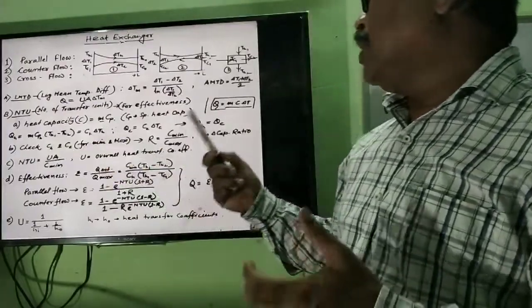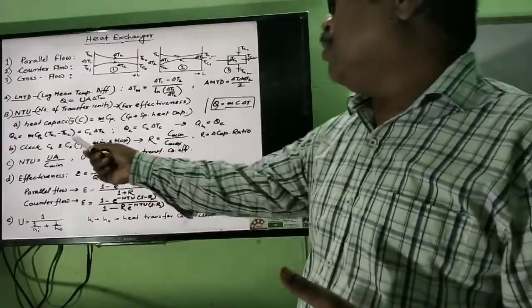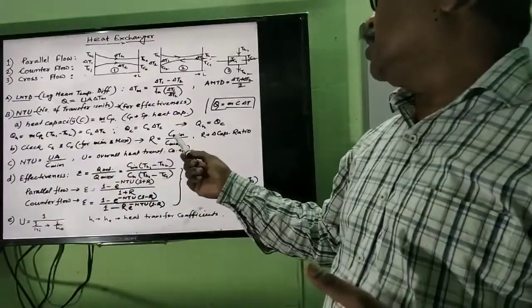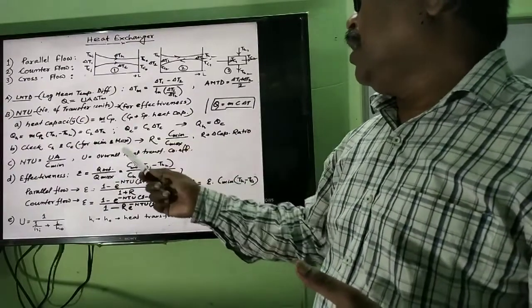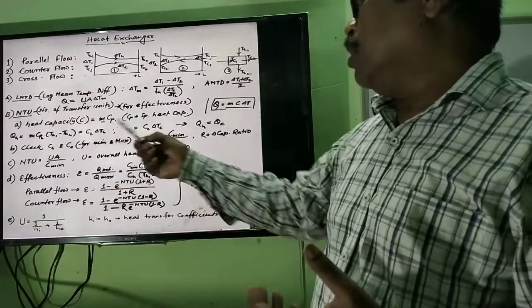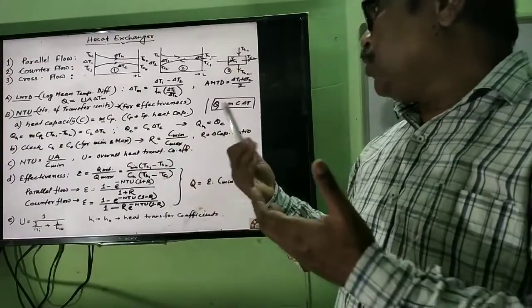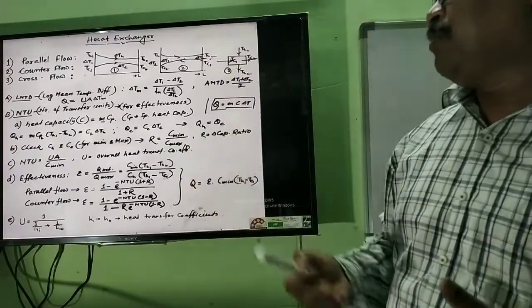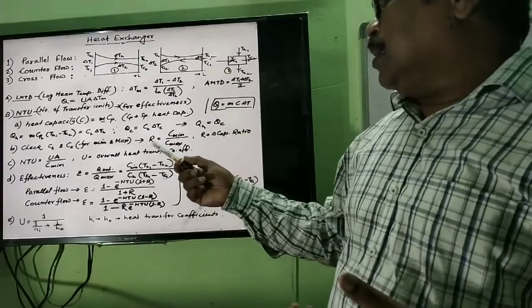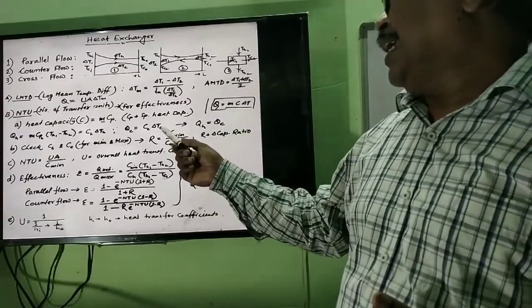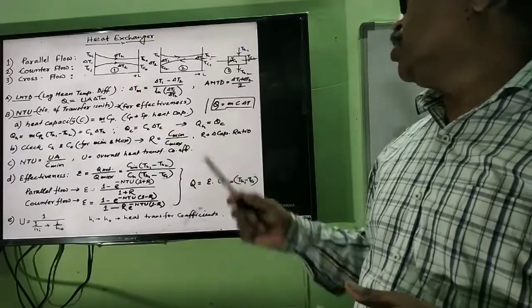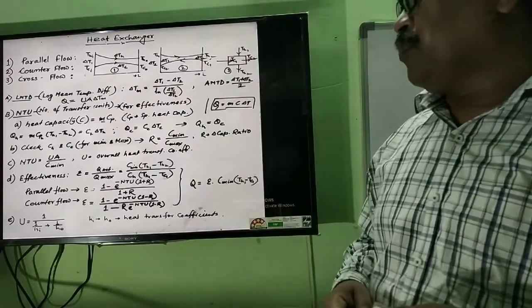Once you know the heat capacity C for the hot fluid, CH, and the cold fluid, CC, you will come to know which one is minimum and which is maximum. The ratio of minimum heat capacity to maximum heat capacity is known as the capacity ratio.